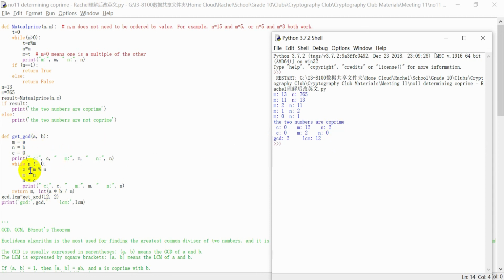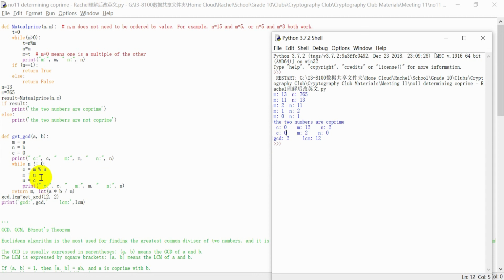And then the second line is from inside the while loop. So m divided by n's remainder is given to c, because m equals 12 and then n equals 2. 12 divided by 2 has a remainder of 0, so c becomes 0. And then the value of n is given to m, so m becomes 2. And then c is given to n. C was 0 because it is the remainder of 12 divided by 2, and then that was given to n.